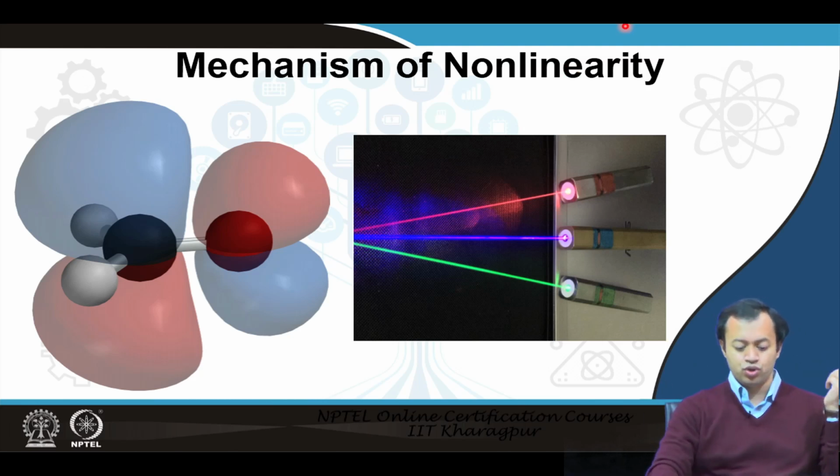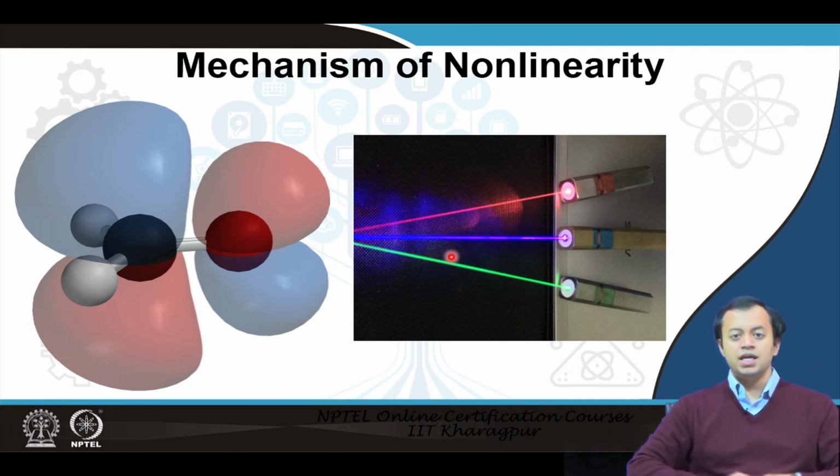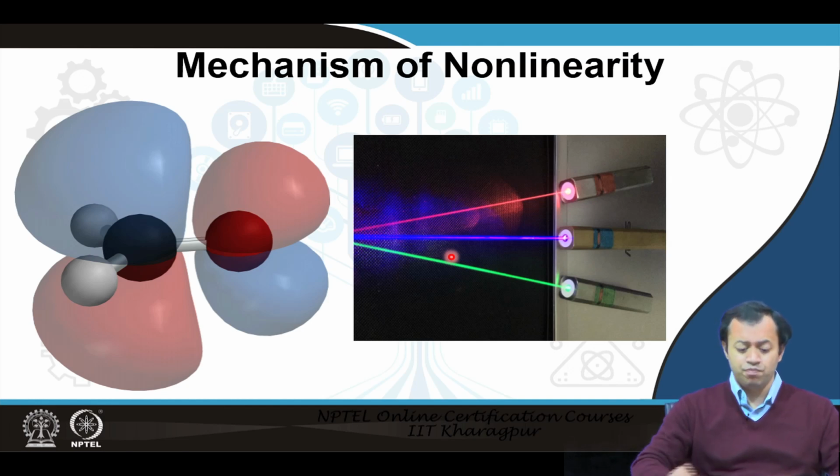So we understand that the presence of the laser beam redistributes or remodifies this already existing uneven electron cloud, but there is not a very simple, direct relationship between one and the other.